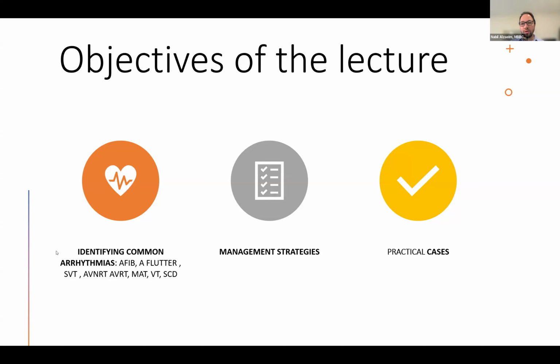For management, we will explore practical strategies for arrhythmia, tailored even to settings where resources may be limited. And during the lecture, I will go through a few case studies that illustrate the real-world application of these principles.